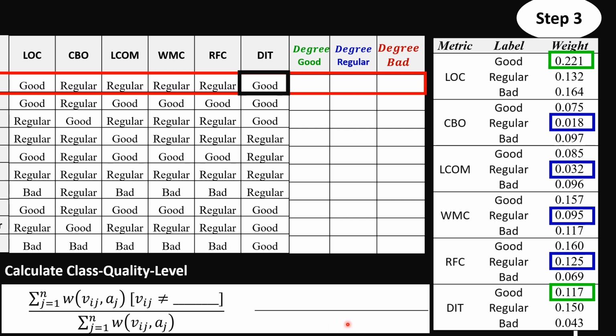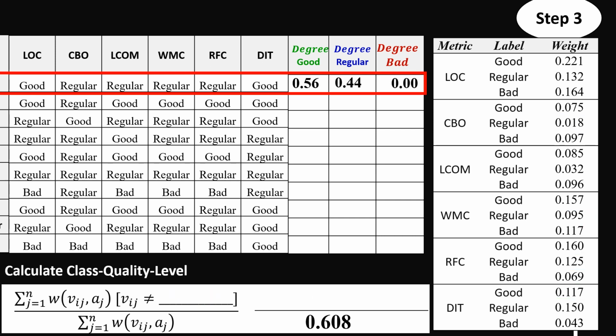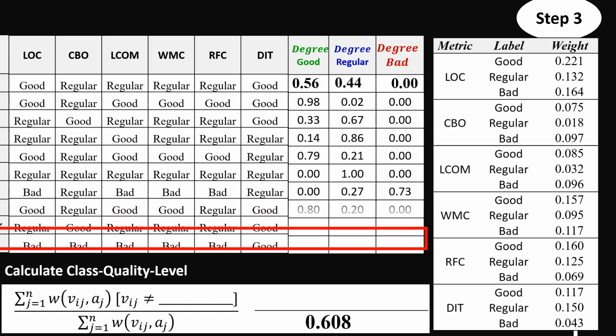In the denominator, we will calculate the total sum of all identified weights. The goodness degree is calculated by summing the good quality weights normalized by the total sum. We will do the same process to measure the degree of regular quality level, also the degree of bad quality level. We will do the same process for all other classes.